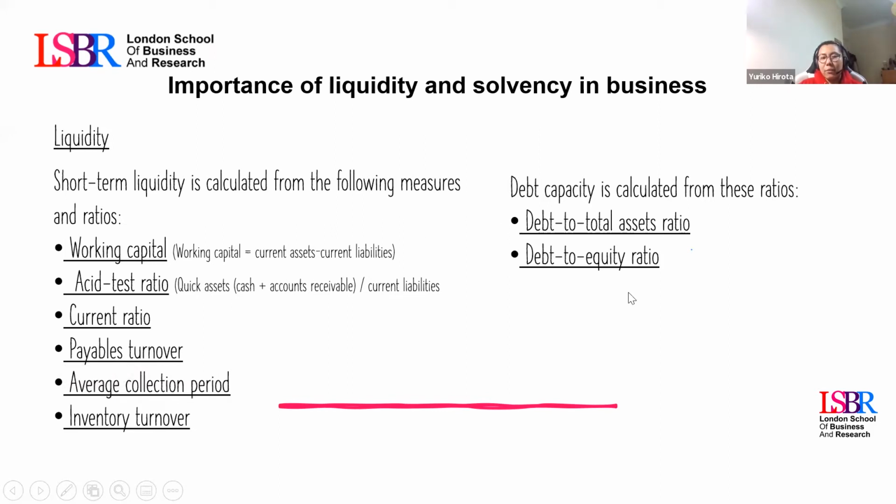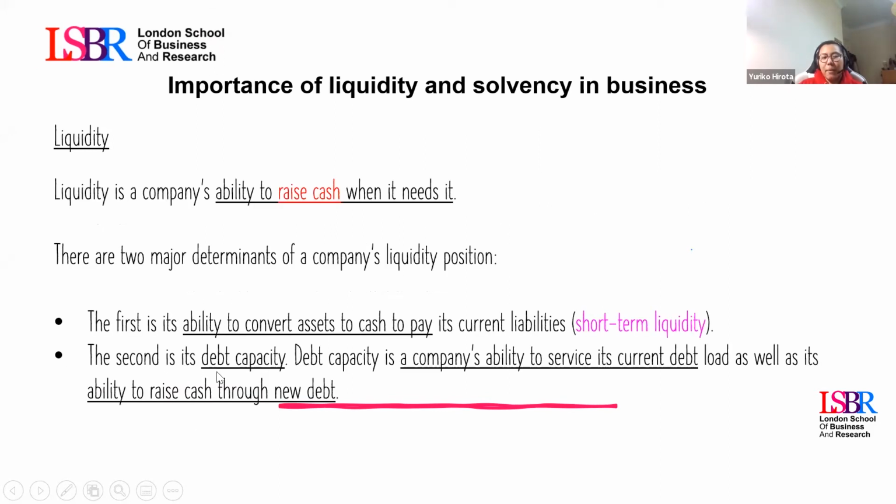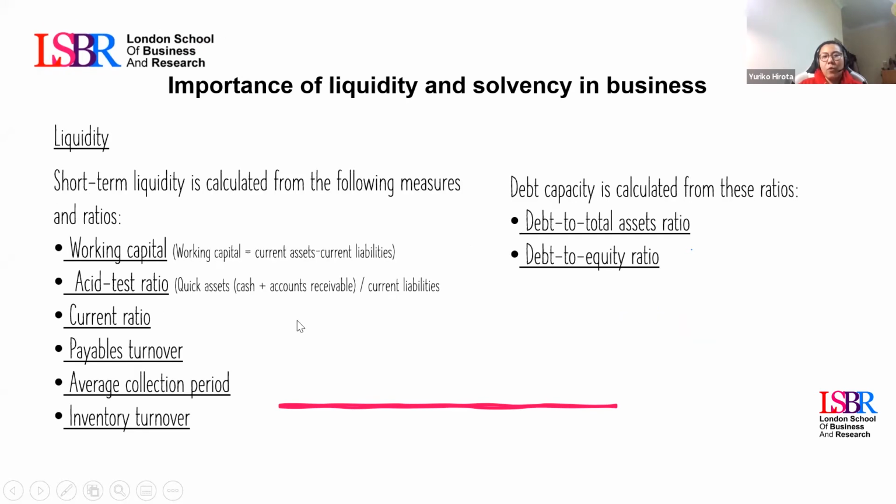The second determinant, remember, is the debt capacity. We have other ratios. Debt to total assets ratio, where basically the formula is how much is the debt or how much is the loan divided by the total assets that the company owns. This is a formula to measure the debt capacity.